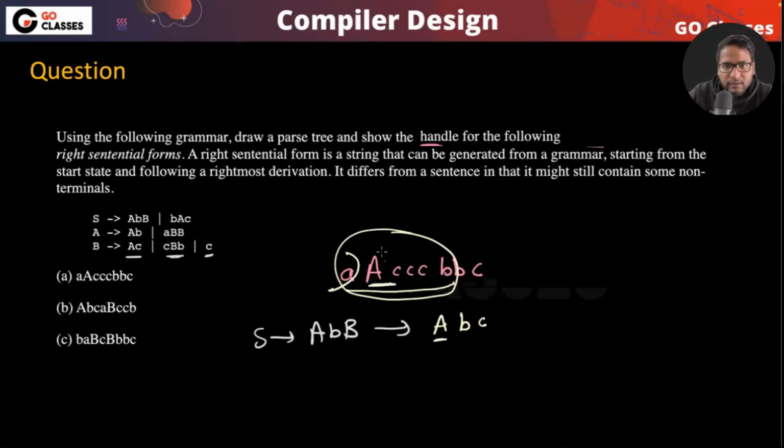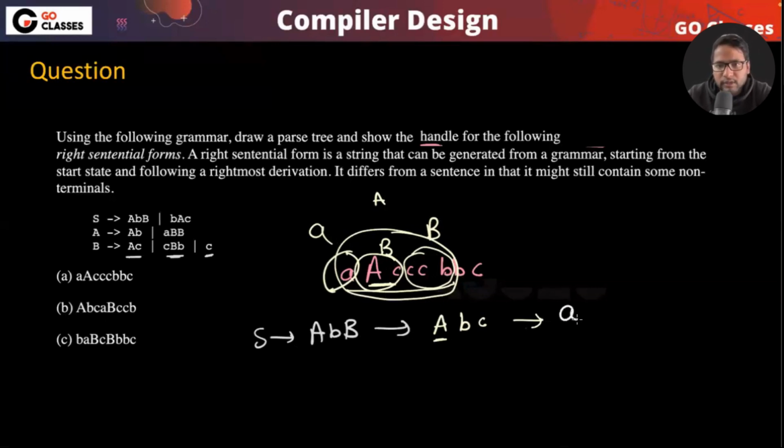This is B, and then can this be the next B? Yes. So we can generate it. This is A, this is B, this is the next B, and this ABB is what we want from this capital A.